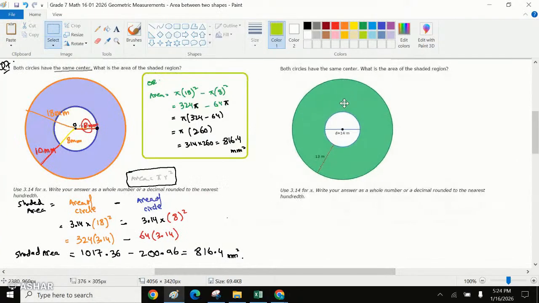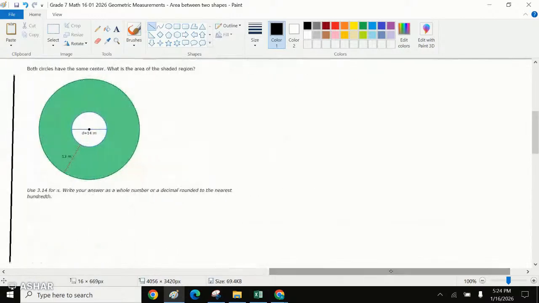Paste this down. This is question number 8. Okay, I'll just move this ahead. So what they're asking us to do is find the area of the shaded region. That means outer minus the inner, right?